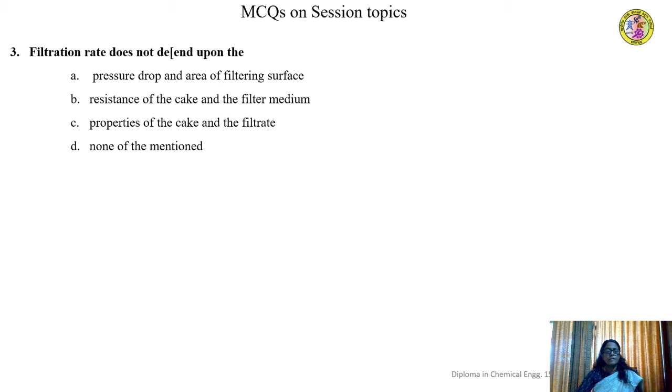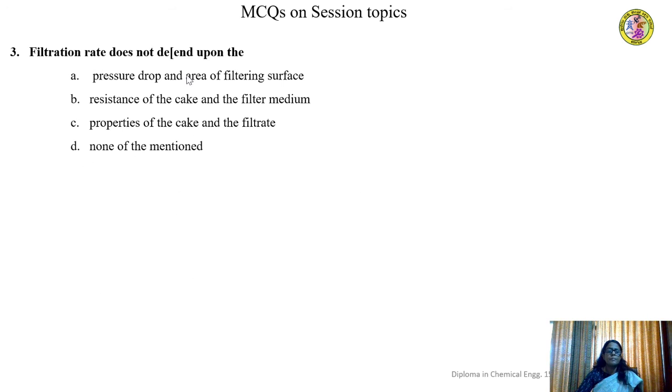What do you think is the right option for this question? Think over and try to answer yourself. Is it the pressure drop on which the rate of filtration does not depend? Or is it the area of the filtering surface? Or is it the resistance of the cake and the filter medium? On which does the rate of filtration not depend?